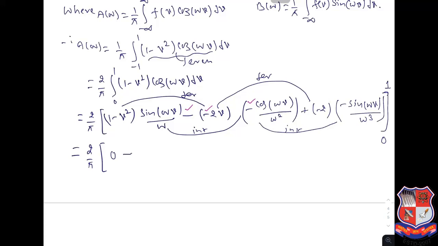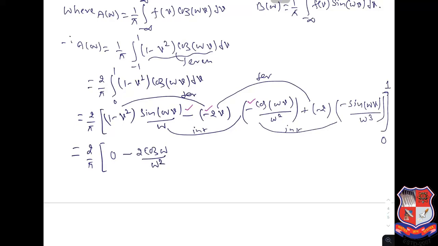Then 2 and v, v is 1, and cosine omega over omega square.